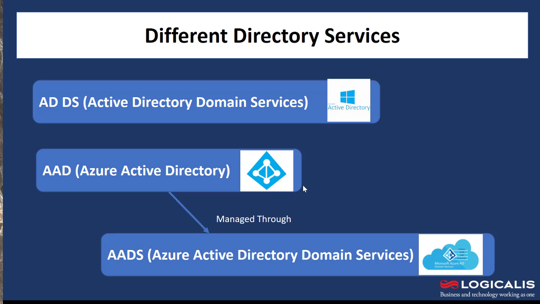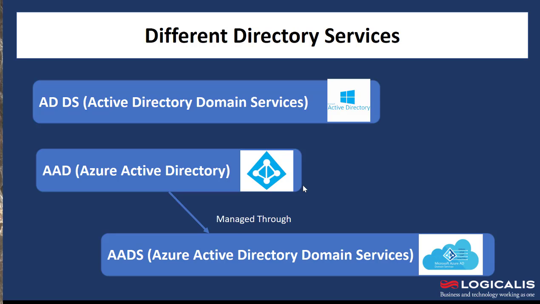Now, the second thing is Azure Active Directory. Many of you have also been familiar with Azure Active Directory, and as more and more customers are adopting Microsoft Azure or Office 365, you are getting acquainted with Azure Active Directory. I just want to clarify that these two directory services, which are on-prem Active Directory Domain Services and Azure Active Directory, are two different binaries.